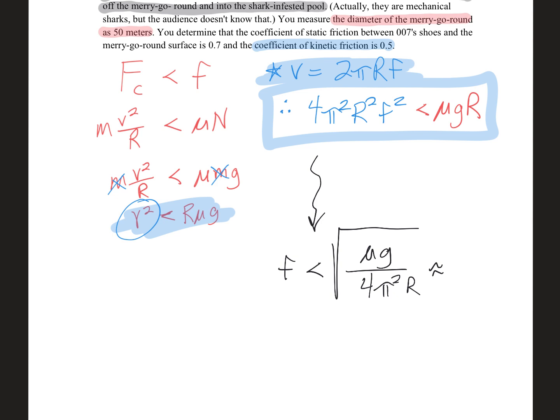And if you plug and chug, and I'm not going to write that in, but mu, the kinetic friction, meaning the moving friction, 0.5, if you put 9.81 in there. And the reason why we would put 9.81 is that we're dealing with meters up here. So we would use the metric version.